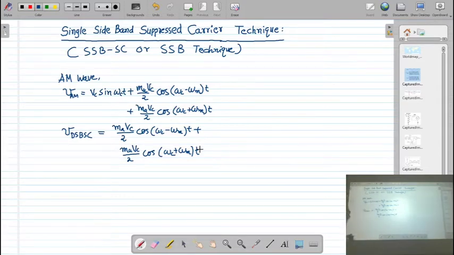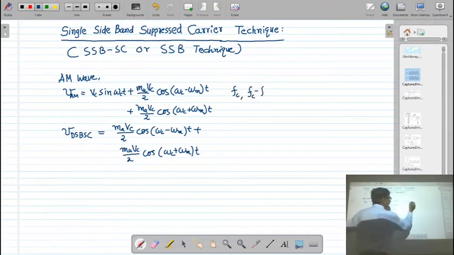Basically, in an amplitude modulated wave, we have a carrier component, and the lower sideband as well as the upper sideband components are there, and all these components are going to be transmitted: the carrier frequency, and the sideband frequencies Fc minus Fm and Fc plus Fm.